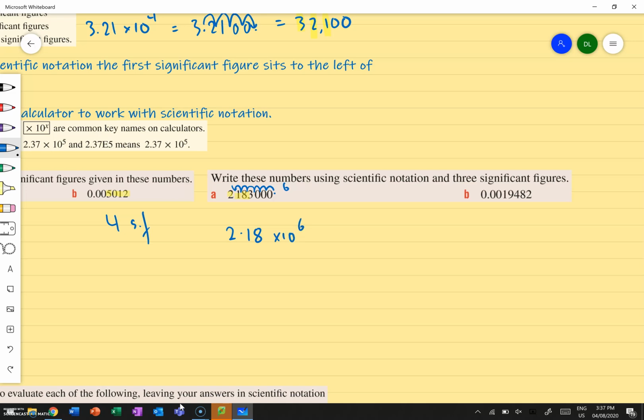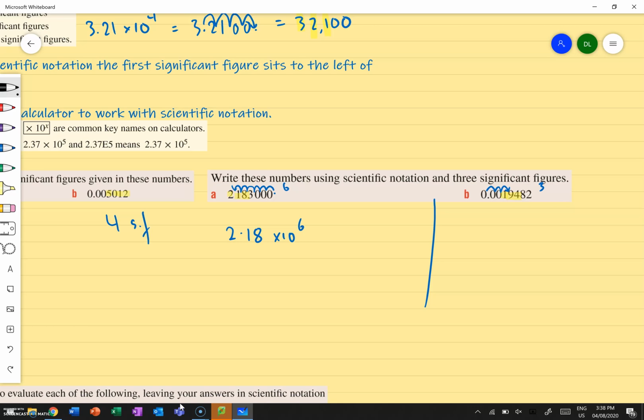All right. Next one over here, I know it's a really small value, so it's going to be a negative power. So I'm going to go 1, 2, 3. Remember, because 1 is my first non-zero digit. So that's 3. So I know that my significant figures, there's 1, 9, 4, 8, 2. I'm not including the 8 and 2 because there's only 3 significant figures, so 1, 9, 4.